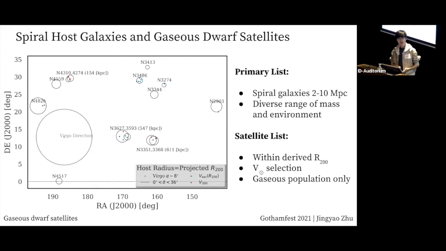These are obtained from a combined spatial and kinematics selection, so they're very close in projected radius and velocity to their hosts. I do want to point out that our satellite population is the gaseous population only. So these are considered the star forming or non-quenched population.